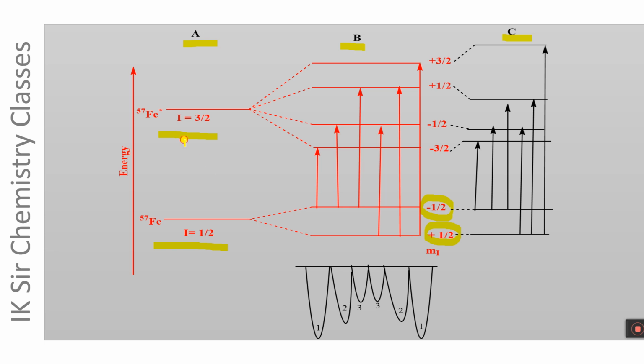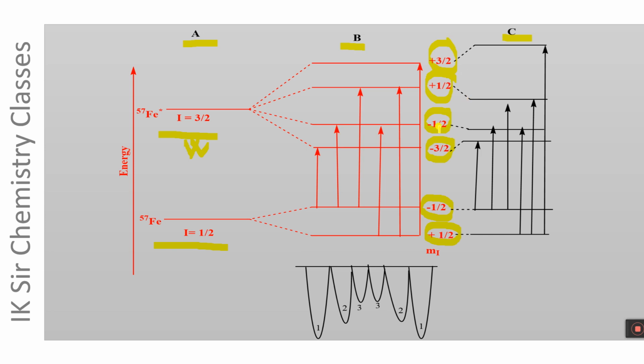On the other hand, the excited nucleus of Fe57 having I equals 3 by 2 splits up into four sub-energy levels in the presence of magnetic field, having Mi equals minus 3 by 2, minus 1 by 2, plus 1 by 2, and plus 3 by 2.